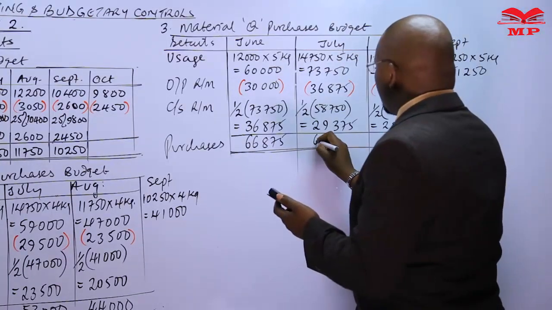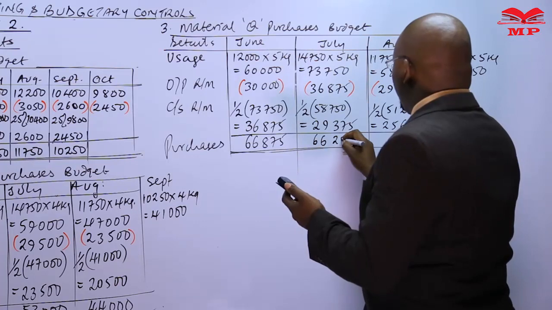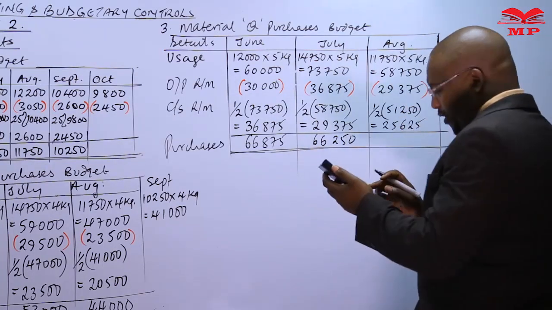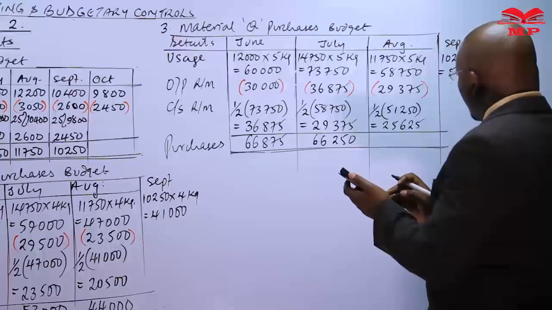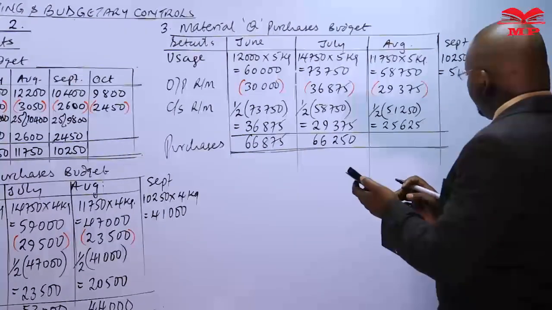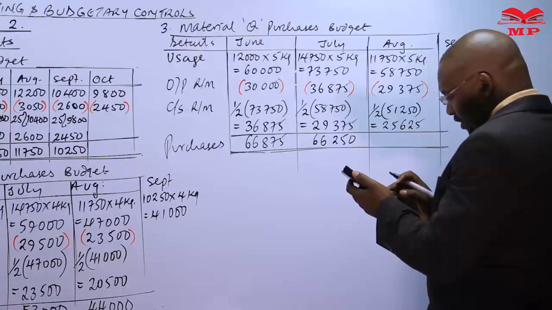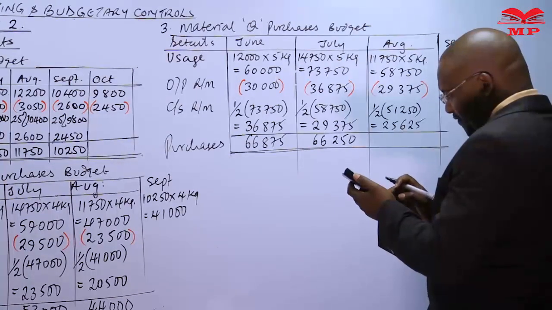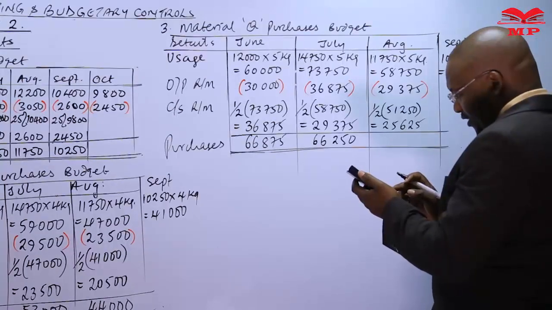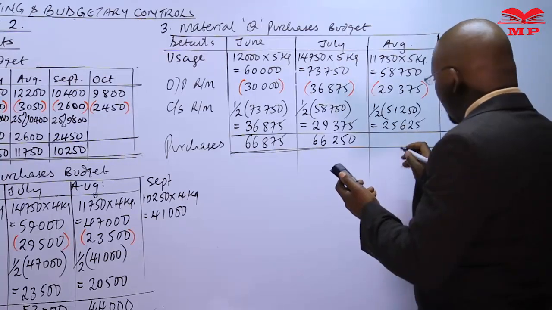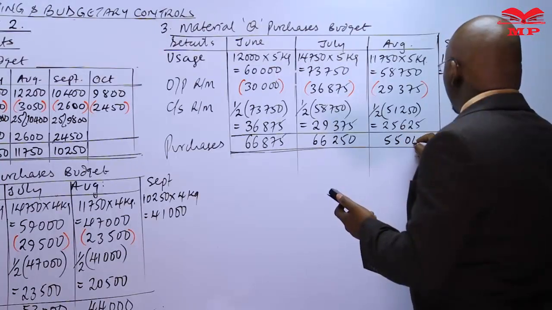This is 66,250. While the last one is 58,750 minus 29,375 plus 25,625. So this is giving us 55,000.